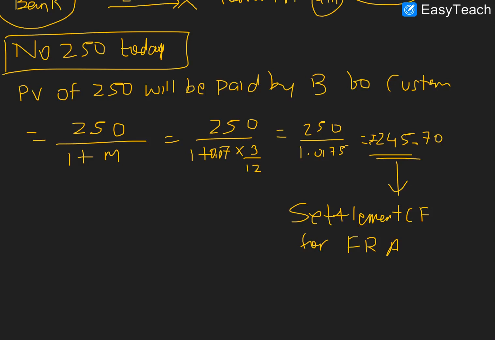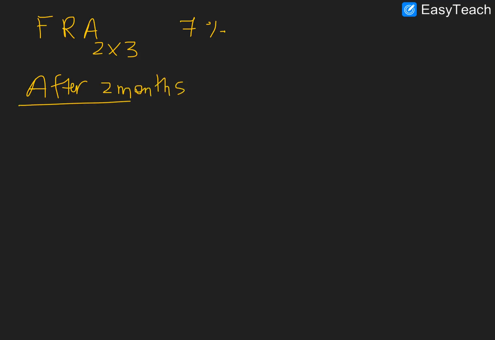So just to practice a bit more, let's say FRA 2/3, it was agreed to be, let's say, 7%. Now after 2 months, what will be the settlement?